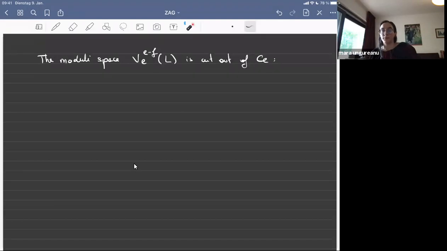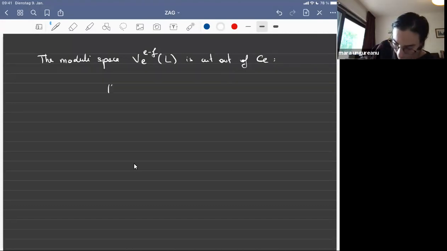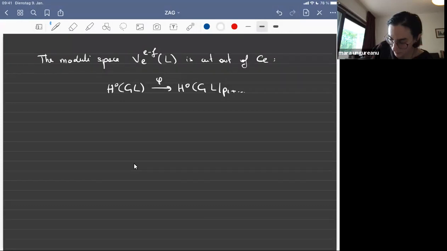I want to cut this out of the symmetric product in the following way. So the way this works is I consider the following map. I take the restriction, call it phi, of this to some divisor of degree e.